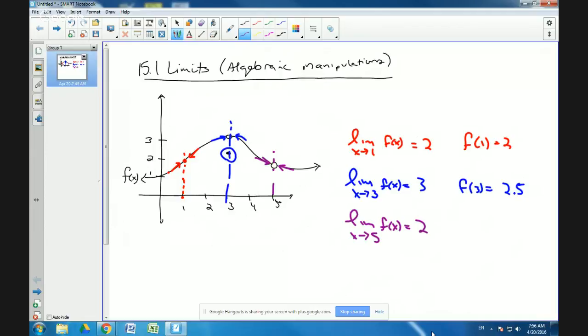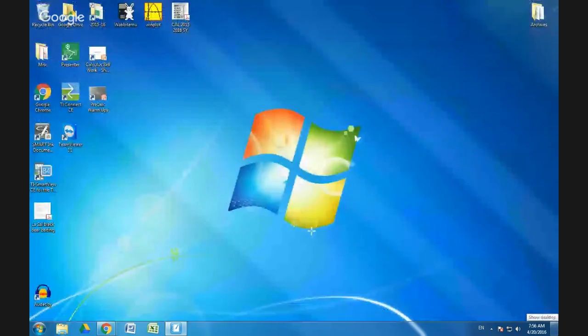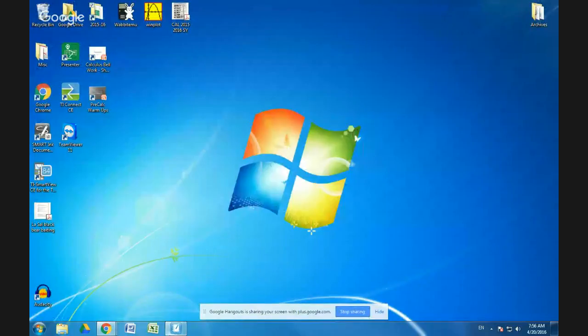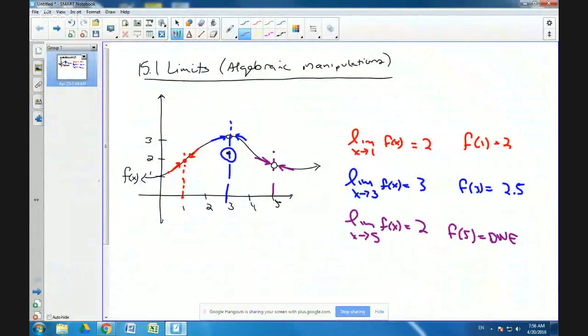This is where people trip up on limits. What is f of 5? Yeah, it does not exist, or it's undefined, whatever you want to call it. So 3 situations that you can run into. There are a couple others that I'm not going to show you yet with asymptotes, infinite limits, but that's what we looked at Wednesday, right?